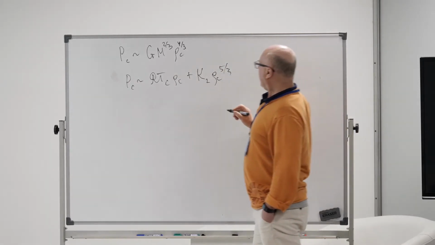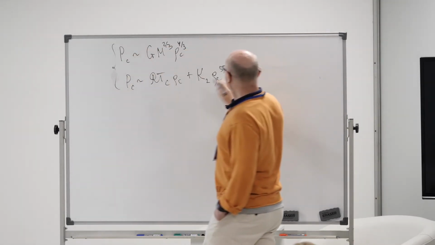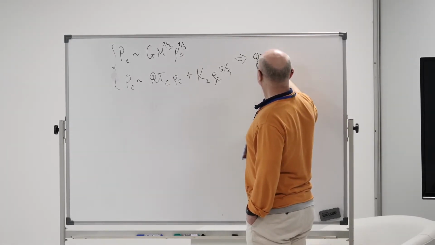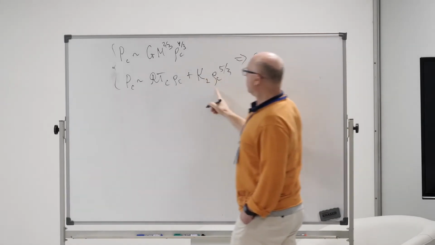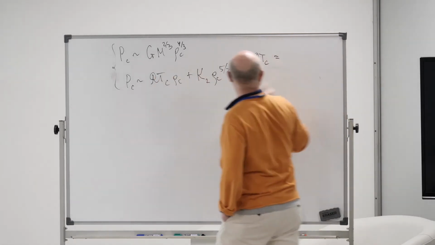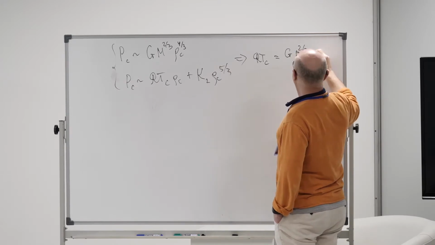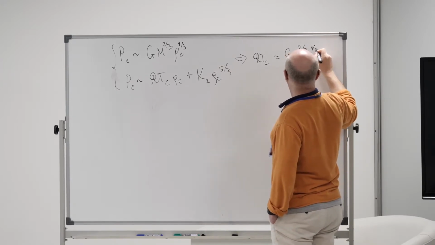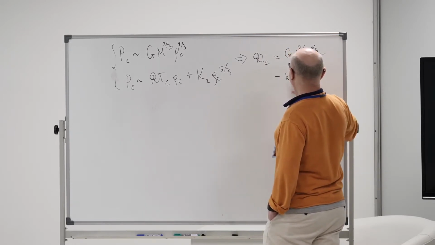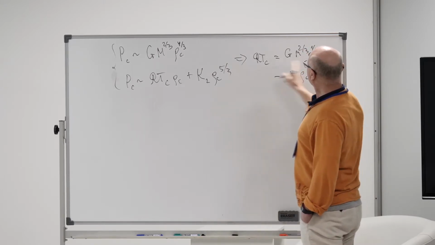You combine these equations, and from these two equations you find the central temperature: divide everything by density, and you see that this is a combination of this hydrostatic equilibrium term, to the power 1/3, minus K2 times rho to the power 2/3.